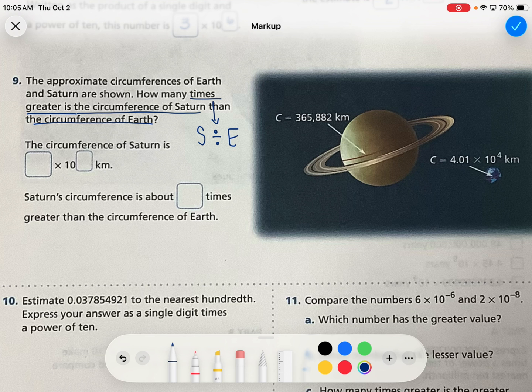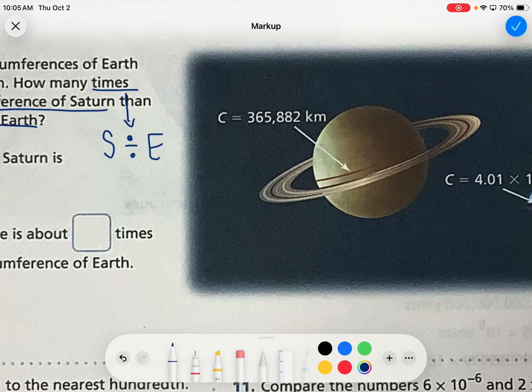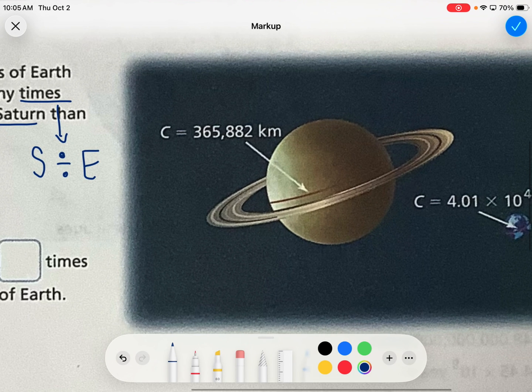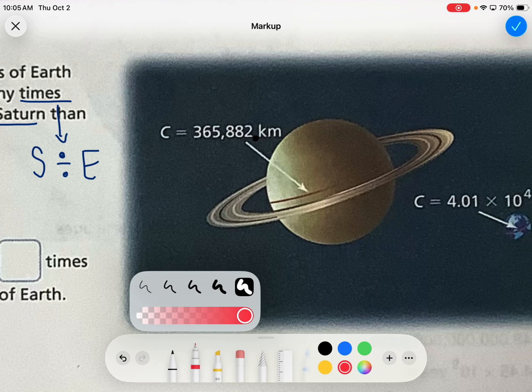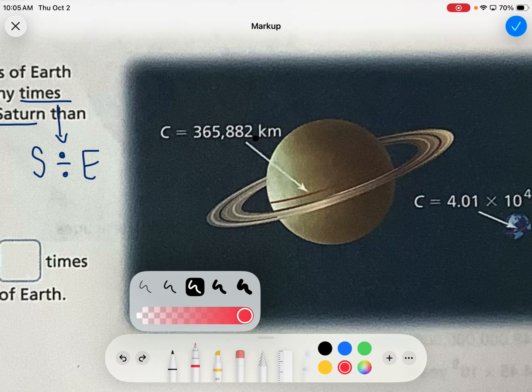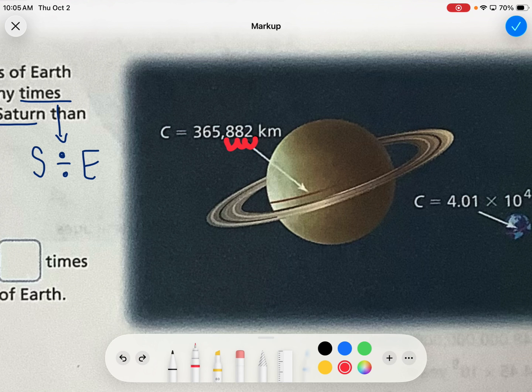All right. Let's look at Saturn. Which one's Saturn? The big one. Okay. So let's see if I can see. Let me do black. So my decimal's here. No, I don't think you're going to be able to see it. I'm going to do a red, very thick. So here, 1, 2, 1, 2, 3, 4, 5.